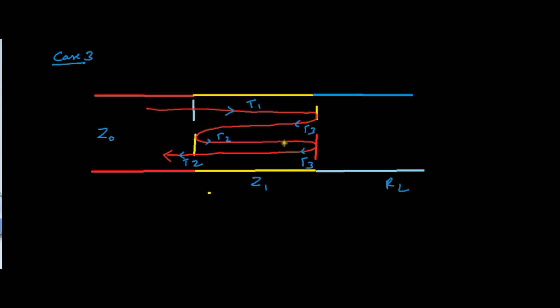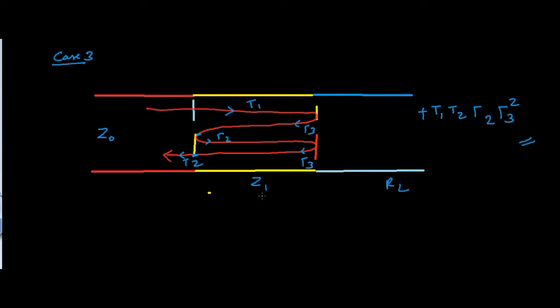Multiplying all these path coefficients, we have T1, T2, partial reflection coefficient 2, and partial reflection coefficient 3 squared. Now it has traversed 180 degrees here and again 180 degrees here, so it will be a plus sign. So this is case 3.